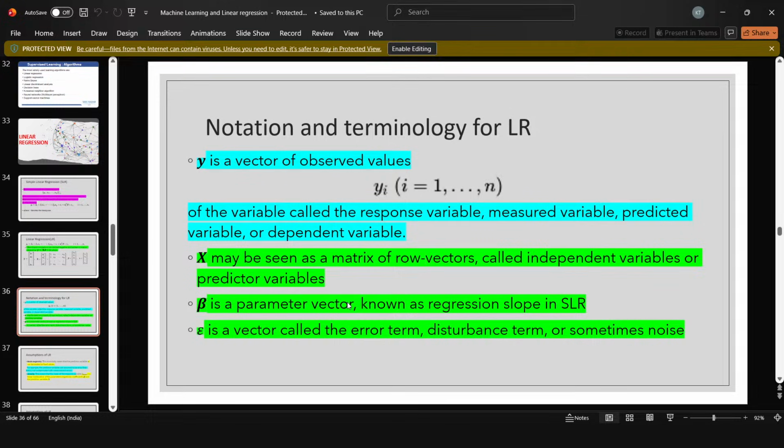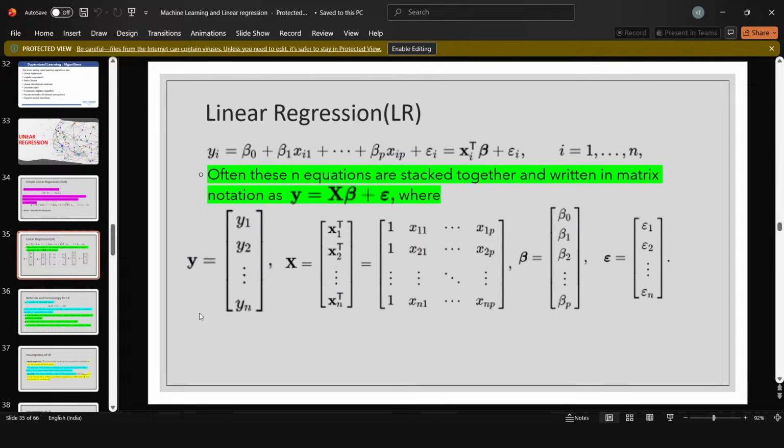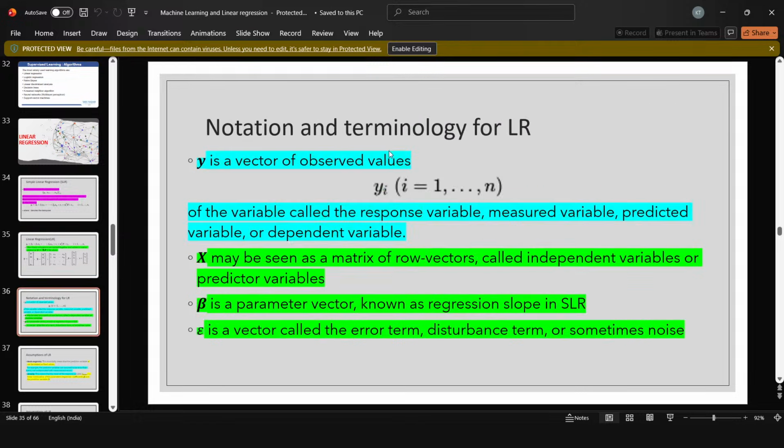Beta is the parameter vector known as the regression slope. If you have observed, beta is the slope that is present for each and every term. These beta values together create the slope of the final line. And E is the error term, or sometimes noise.